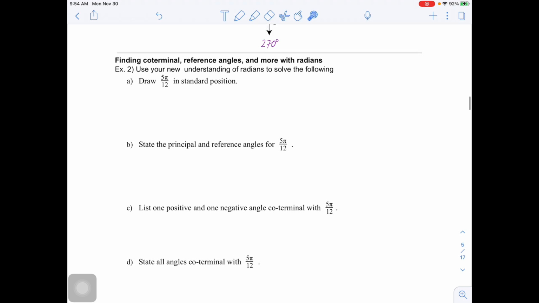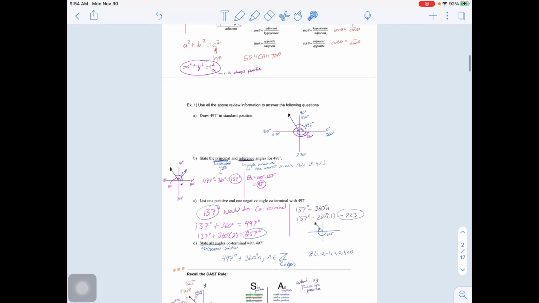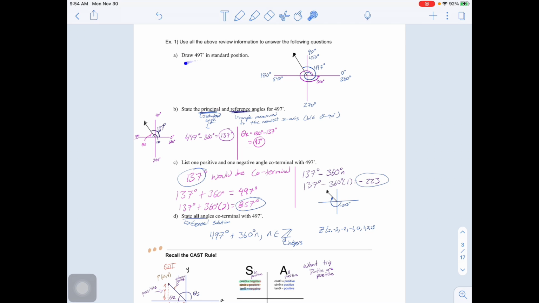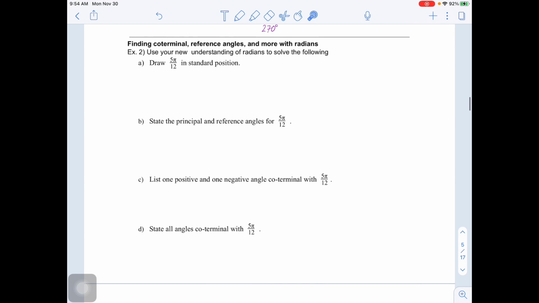So in our review video, we found a bunch of information about 497 degrees. We're going to now do that using radians. Okay, so here, use your new understanding of radians to solve the following. So draw 5 pi over 12 in standard position.